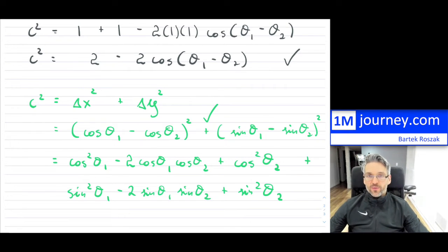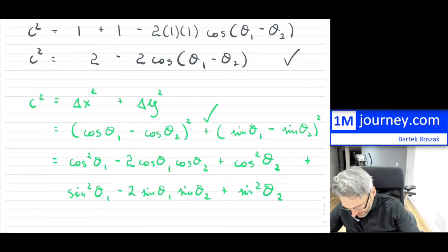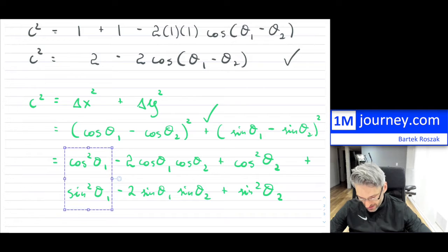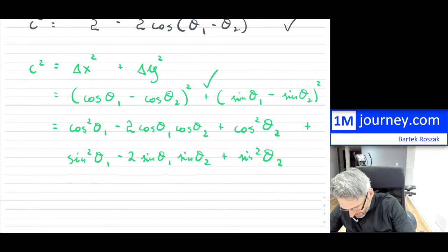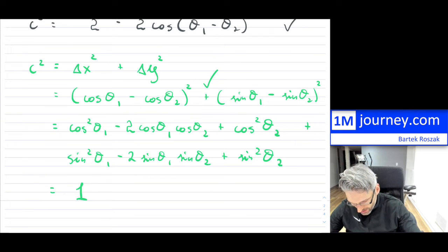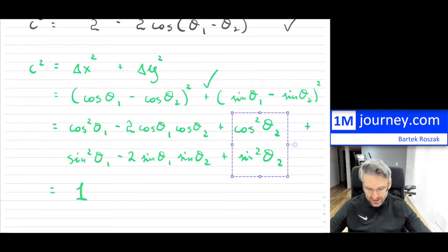Now this goes back to trigonometric identities. Because this is just addition, cos squared plus sine squared of the same angle we know is equal to 1. That's a trig identity, so this is going to be 1. On the other end, this is cos squared plus sine squared again of the same angle, except it's theta 2.